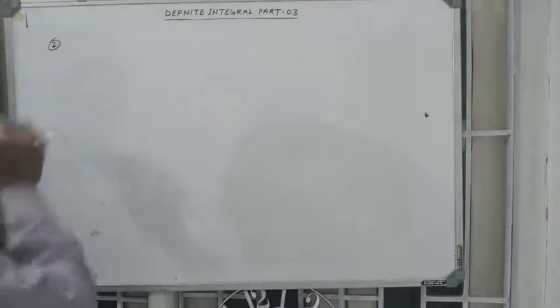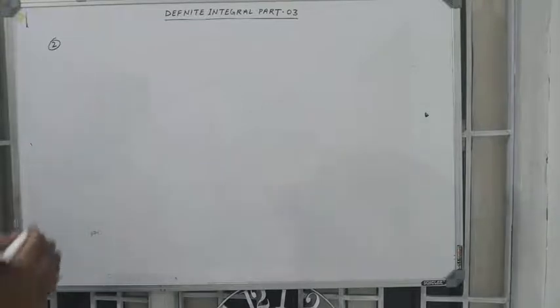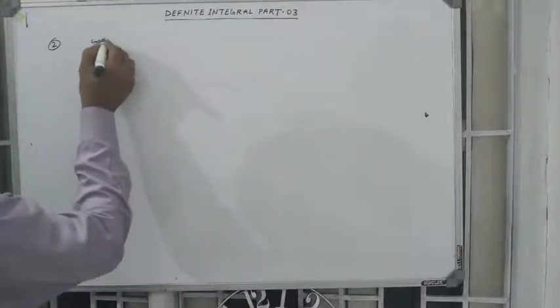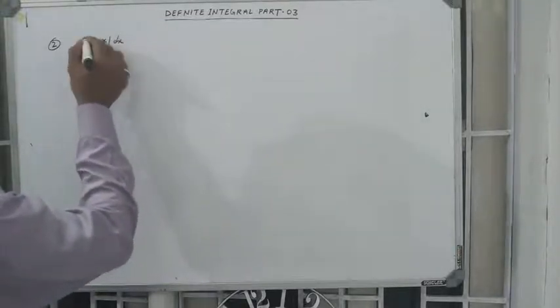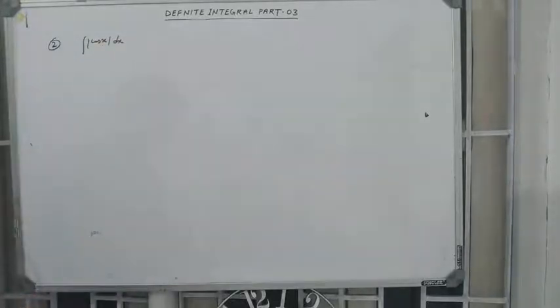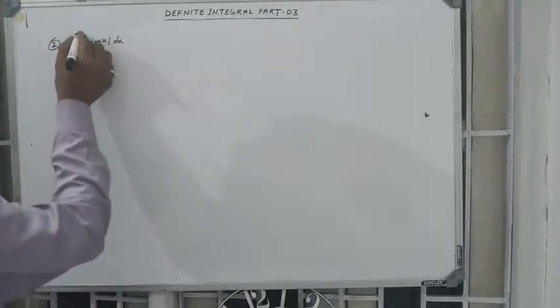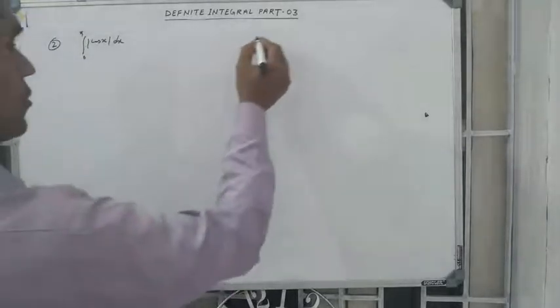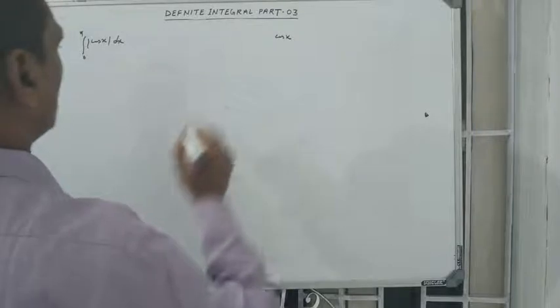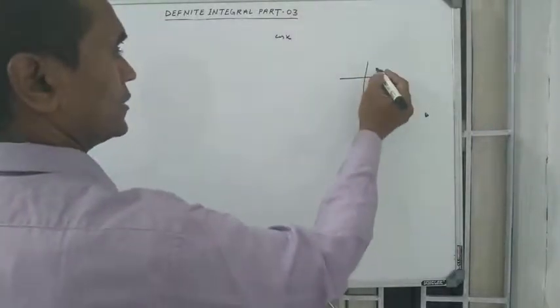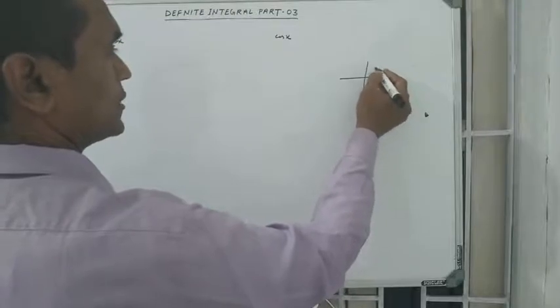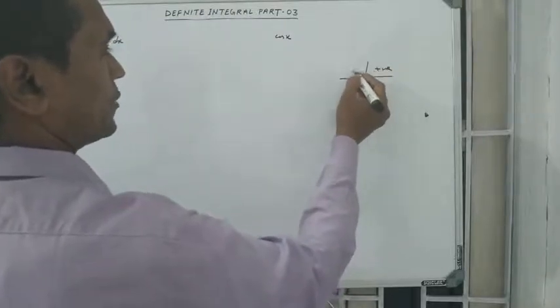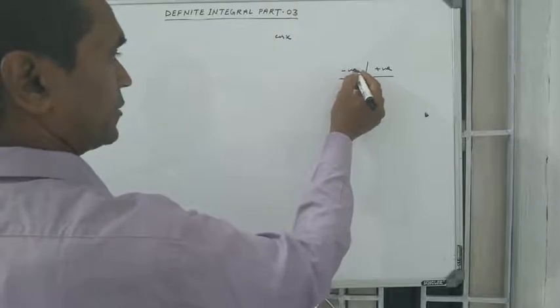Now next question, question number 2: again evaluate the integral of modulus of cos x dx, here 0 to pi. So cos x is positive from 0 to pi by 2, and from pi by 2 to pi it is negative.